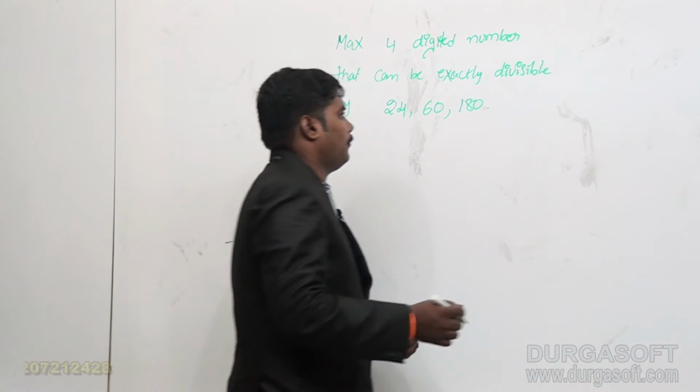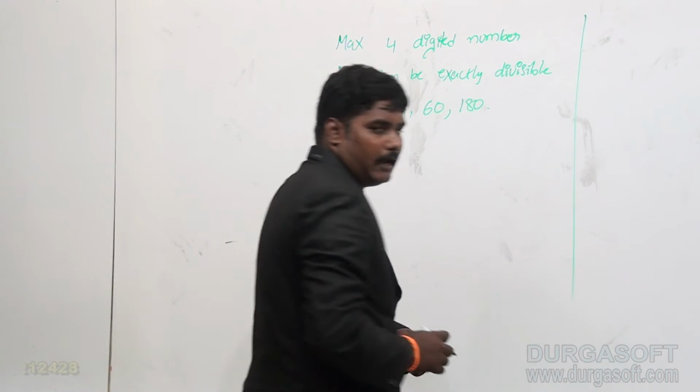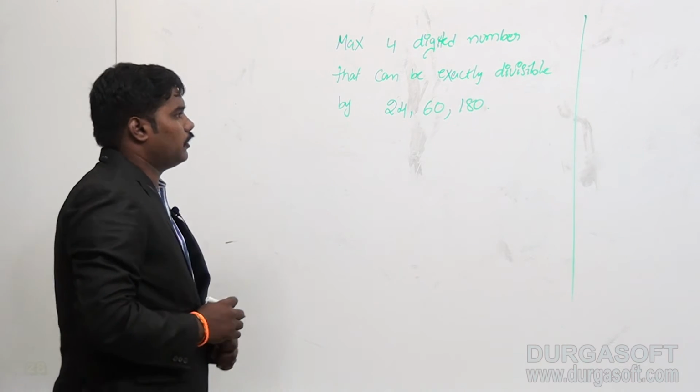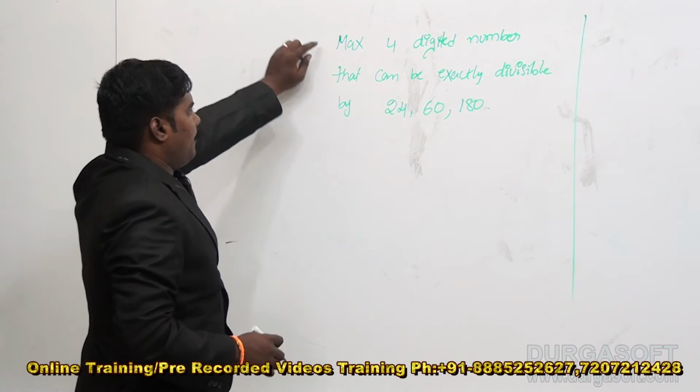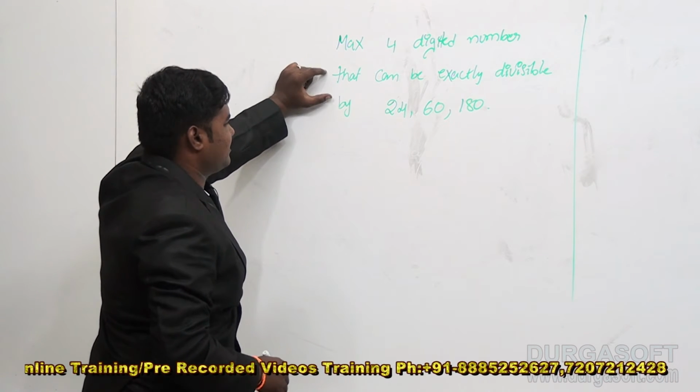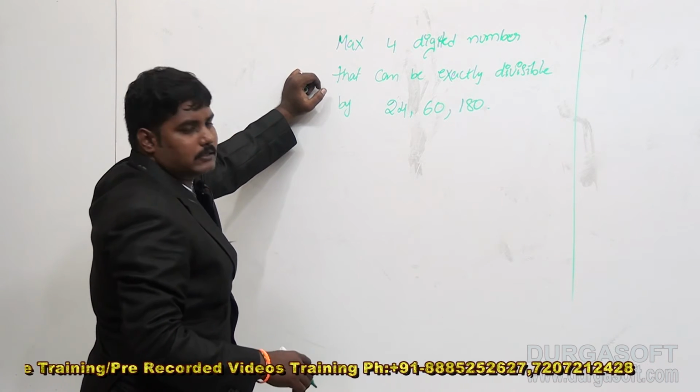I had already discussed the maximum 4-digit number in the number system. This is one model, and this model is very important to you. Look here: the maximum 4-digit number that can be exactly divisible by 24, 60 and 180.